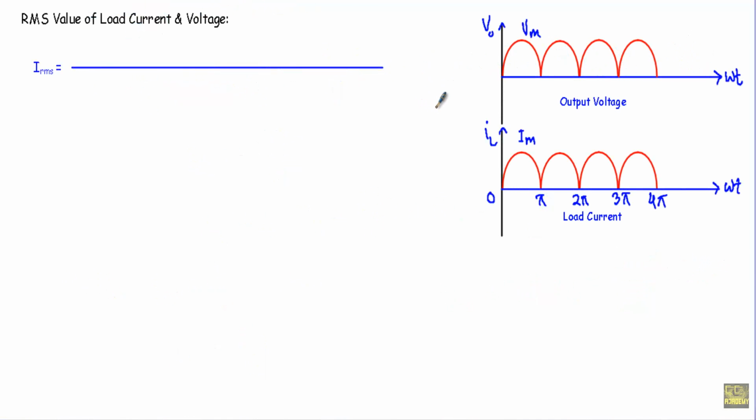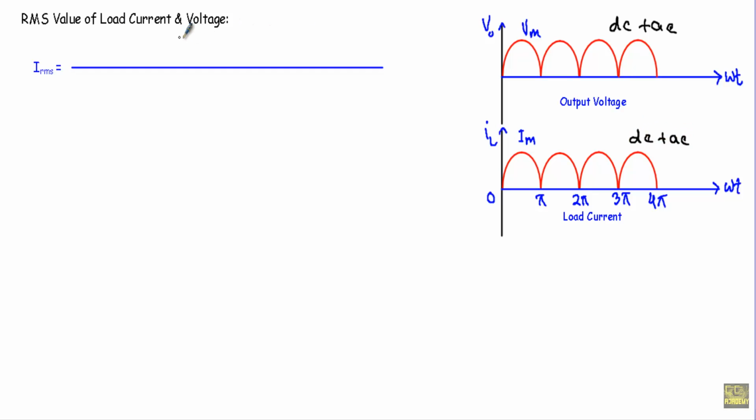Now I will show you how to calculate the RMS value of the load current and the RMS value of the load voltage. Previously I told you that the output voltage will contain both AC and DC components, and the load current will also contain AC and DC components.